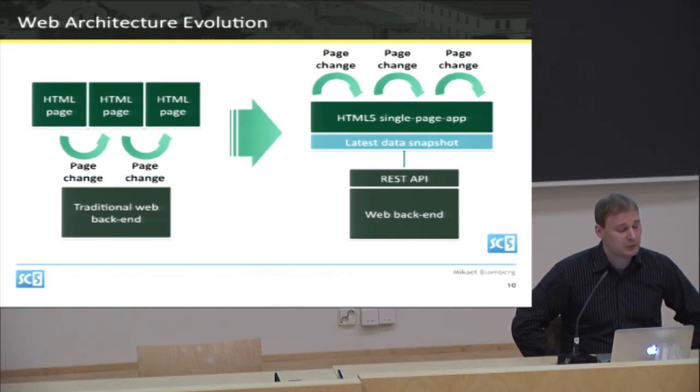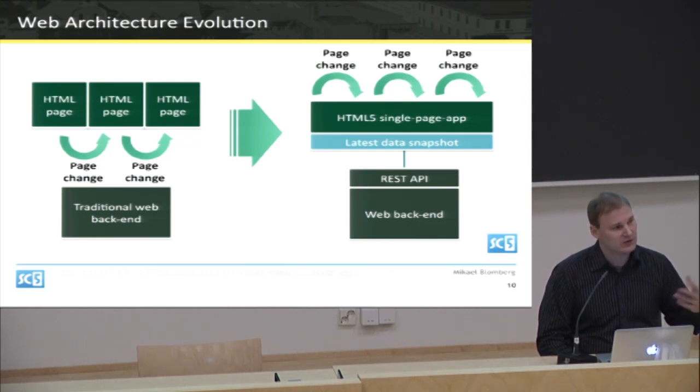Now we're moving on. The next part is what has happened during the last few years. We have the traditional web backend and web pages. When you navigate to the next page, you do a full page reload, and then you get all the JavaScript again, all the CSS again, and everything. And then you go on like that, all the time.